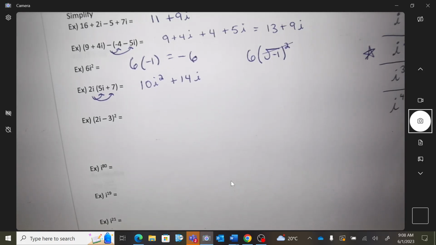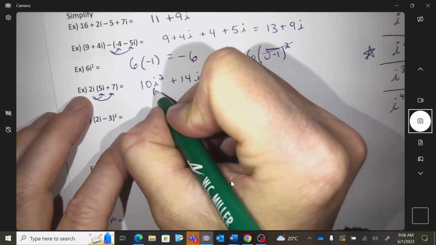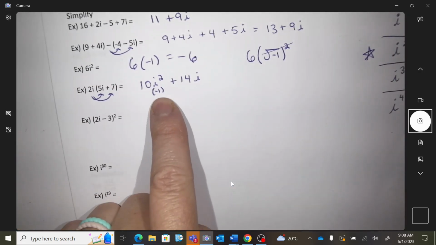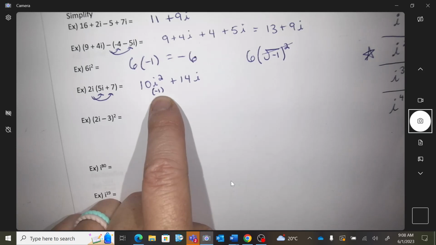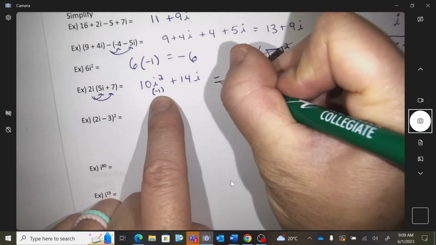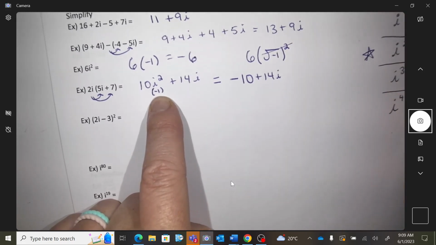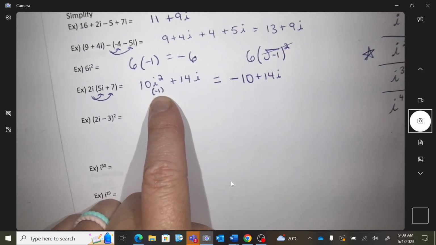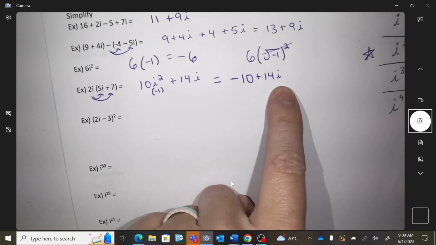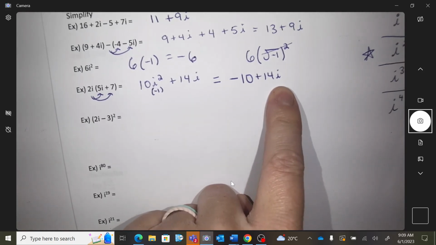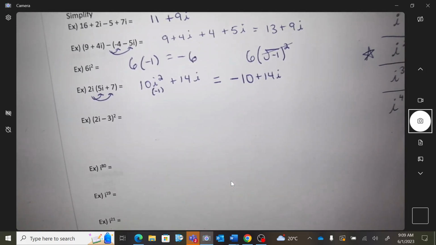So what can I replace i squared with? i squared is -1, so this would be -10 plus 14i. Okay, and you cannot go any further when you have an i. An i is as low as an i goes, but an i squared can change.